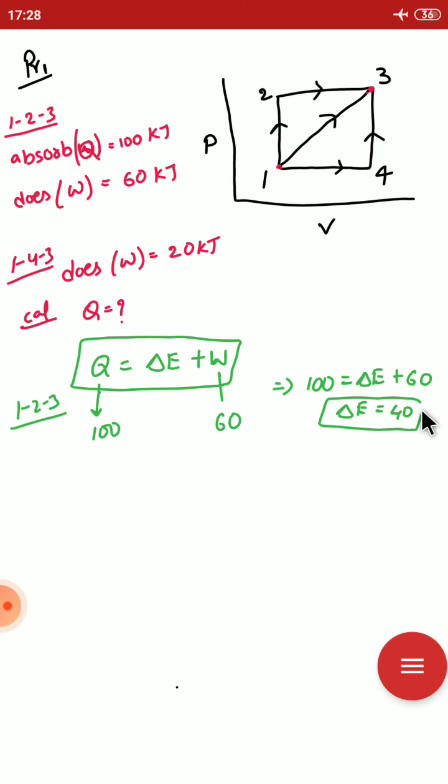We know energy is a property of the system, so energy depends only upon the end states. It is independent of whatever path is followed.